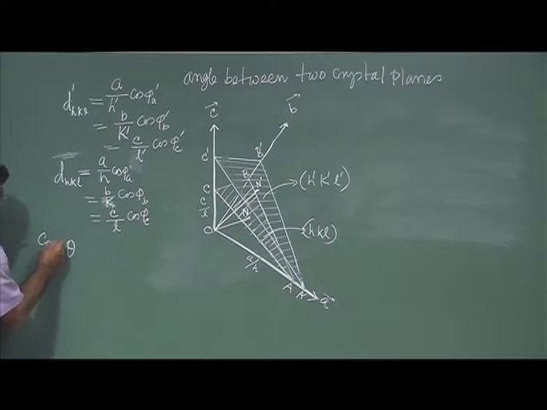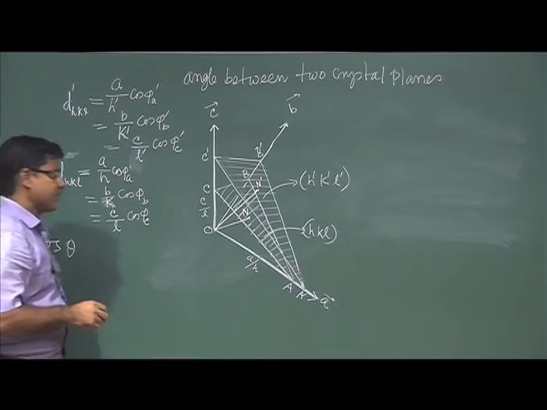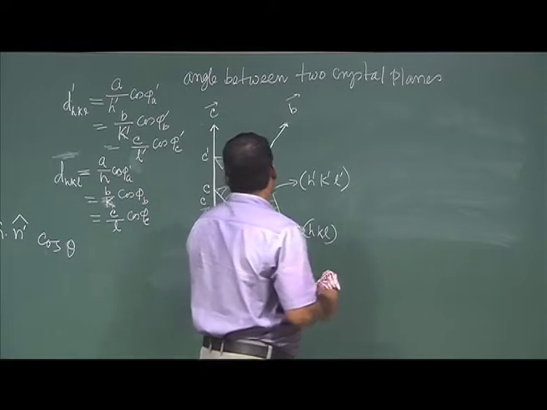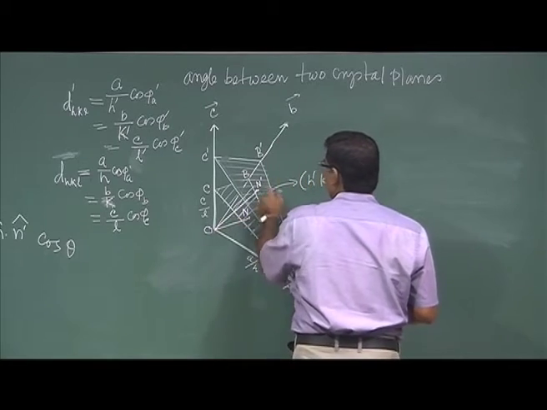So, you will get cos theta. If you take cos theta, it is basically the dot product of the unit vectors of these two, O N and O N dash.